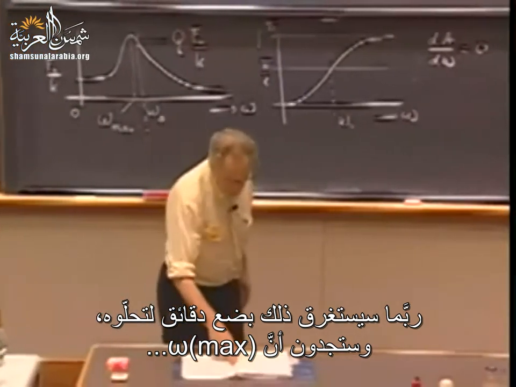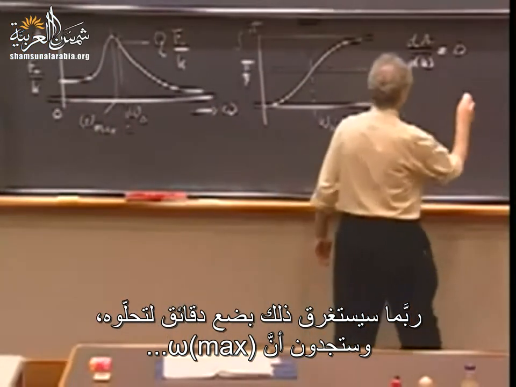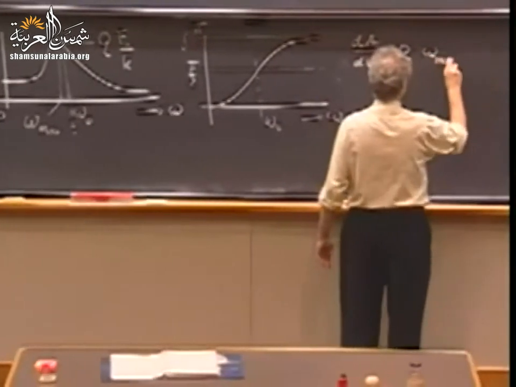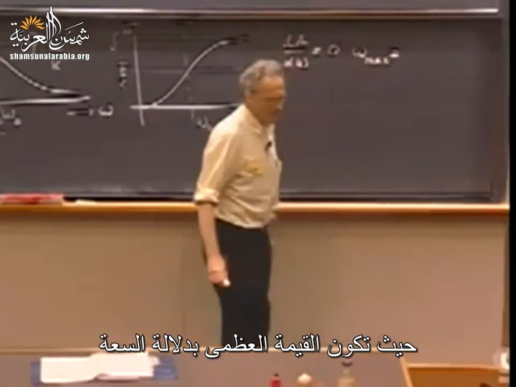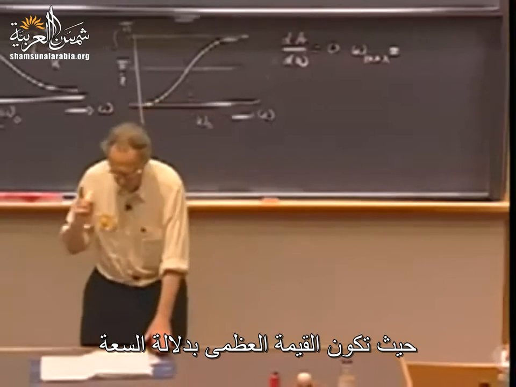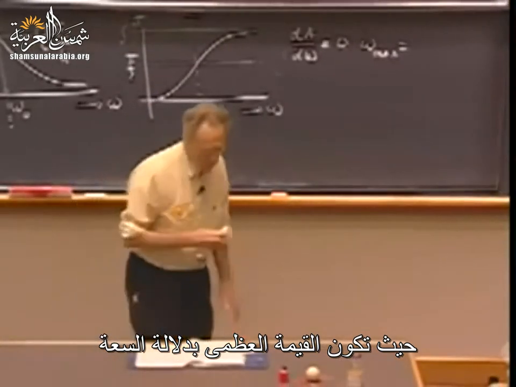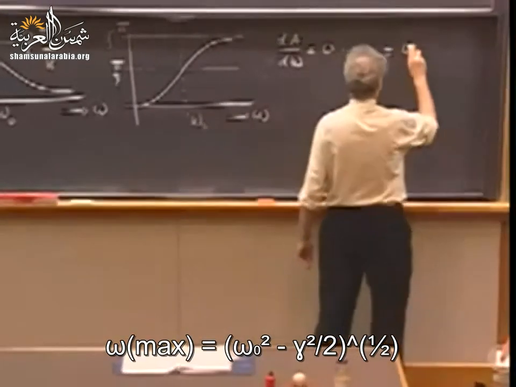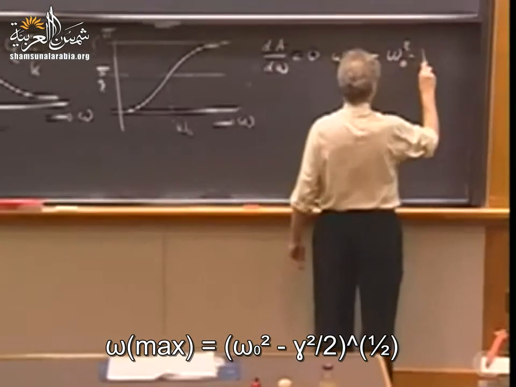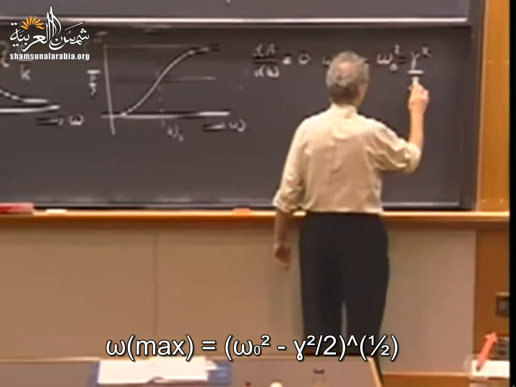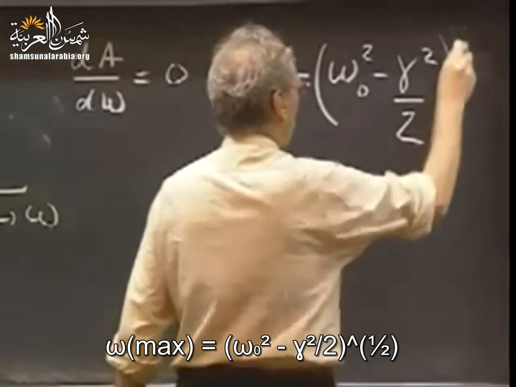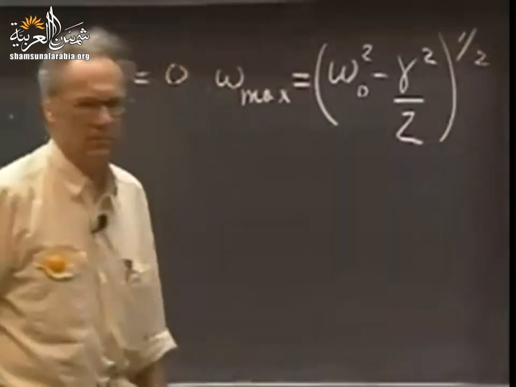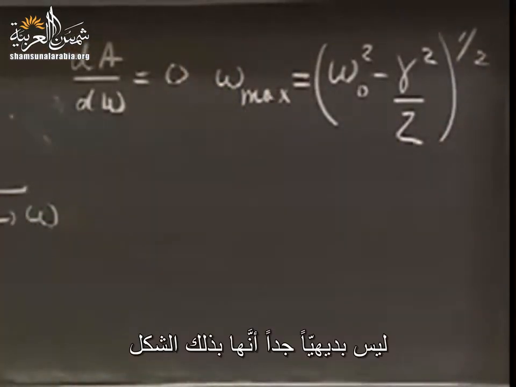And you will find then that omega max, so where the real maximum is located, the maximum in terms of amplitude, is omega 0 squared minus gamma squared over 2, not 4 but 2, to the power 1/2. Not so intuitive that it is there.